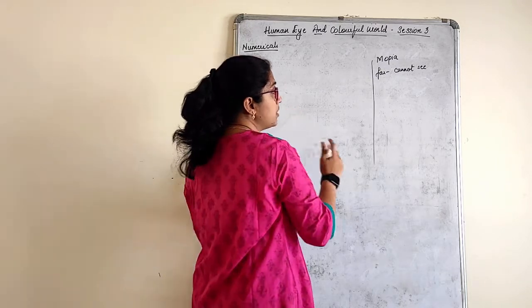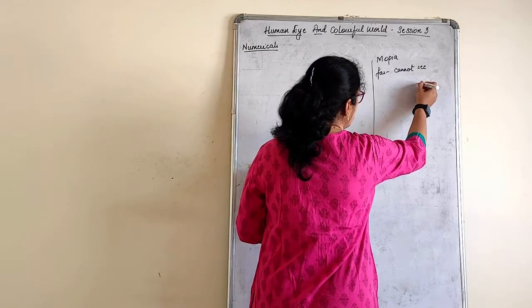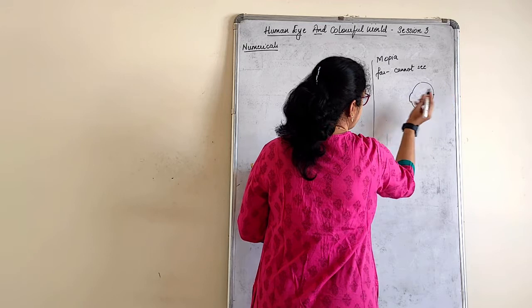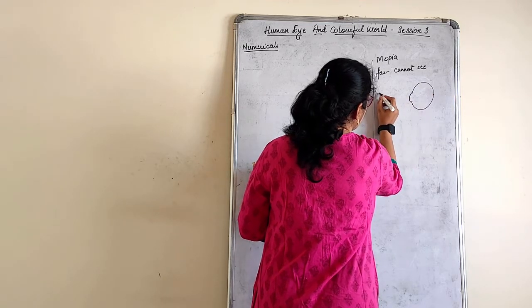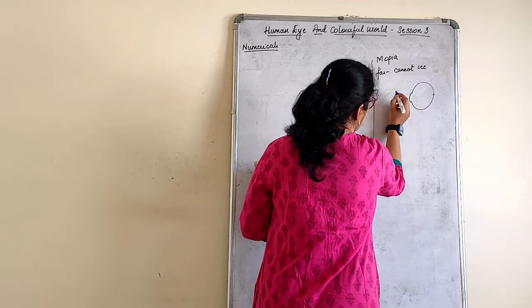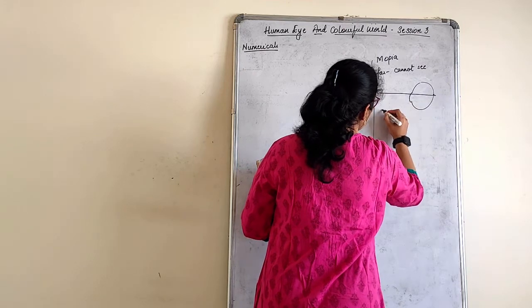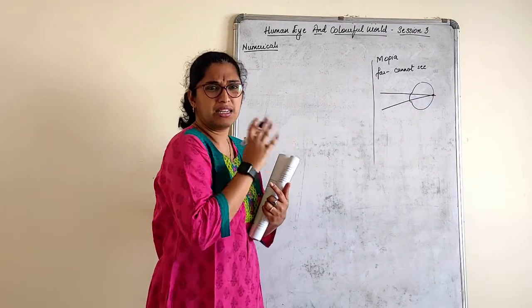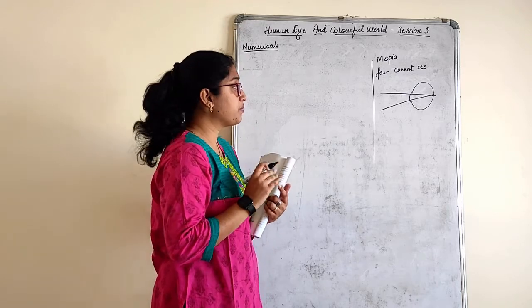So, what we can do here is, let us just assume a normal eye. If I assume a normal eye, and this is the retina, the image is focused on the retina. As simple as that, this is what actually happens.